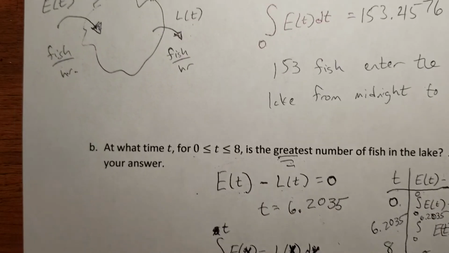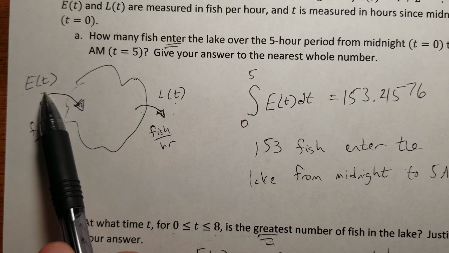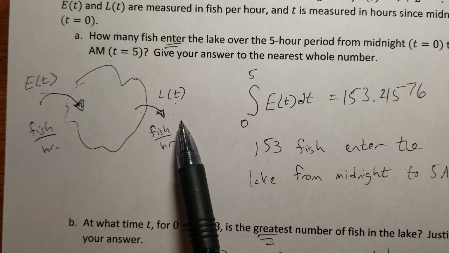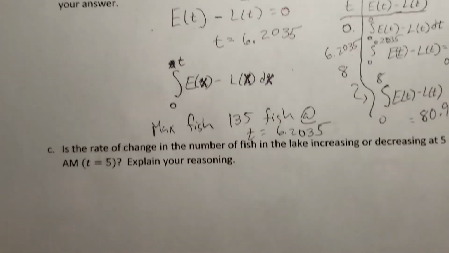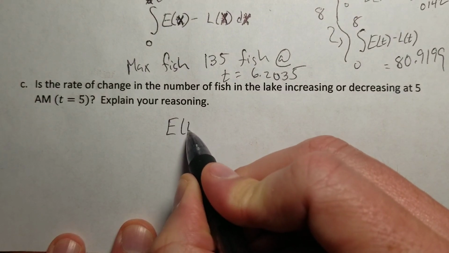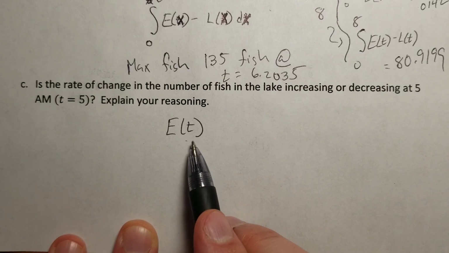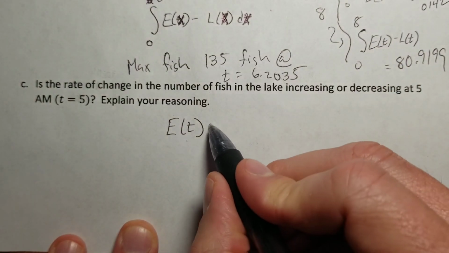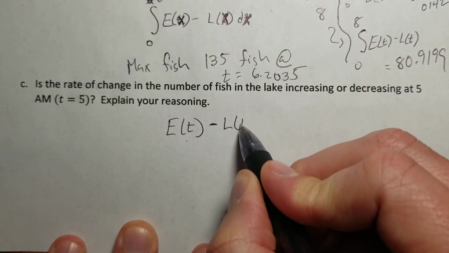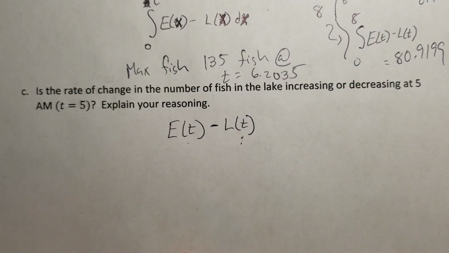But for this one, I need to take into account not just fish entering the lake, but also fish leaving the lake. So I want the first derivative level. So I want E of t, and that's a rate, first derivative level, right? We're good. And I'm going to go back to the minus L of t, right? Because that is fish that are leaving my lake.